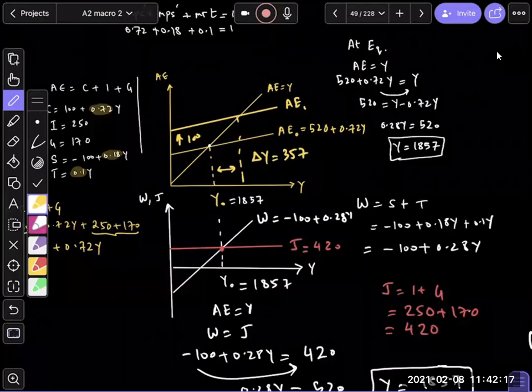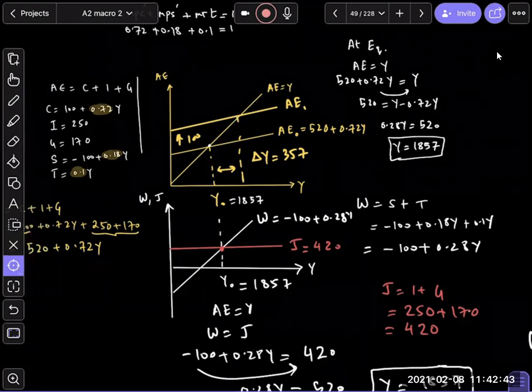Because I know my multiplier is going to be 3.57. So in an MCQ situation, guys, they may give you information and they may ask you for the multiplier. When I get done with my 3 and 4 sector model, I'm going to show you some MCQs for that also. But we get the idea of change in Y.